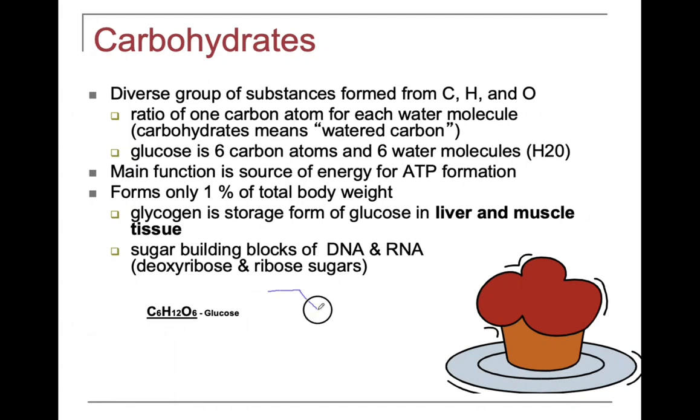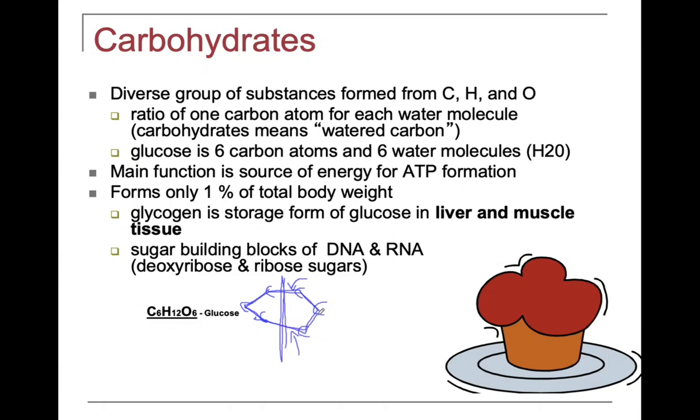So here is, okay, you have 1, 2, 3, 4, 5, 6 sides. And then in between at each of these corners is a carbon. So we have a 6-carbon sugar. Glycolysis is taking the 6-carbon sugar and splitting it right in the center. It breaks this bond, and we're breaking this bond.